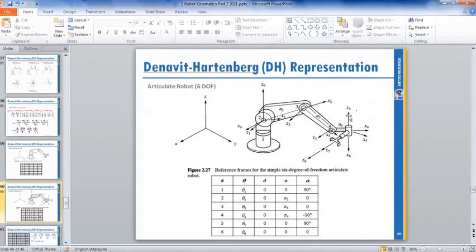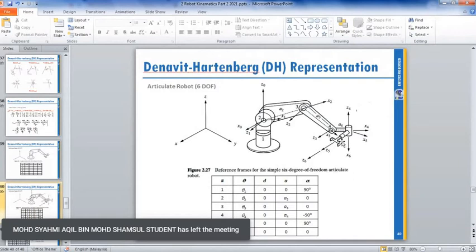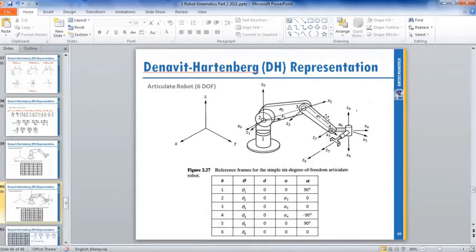So horizontal to vertical means you rotate along the X axis. From this view, you see that your rotation is turned clockwise. So from Z3 to Z4, you are rotating clockwise. Clockwise means negative 90.